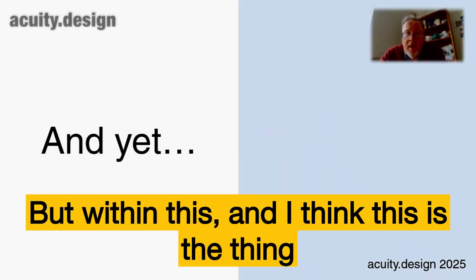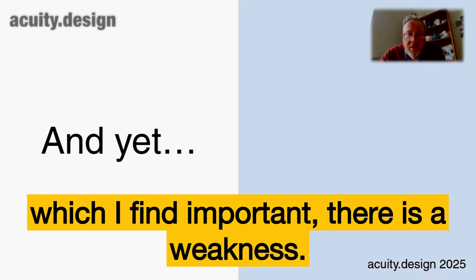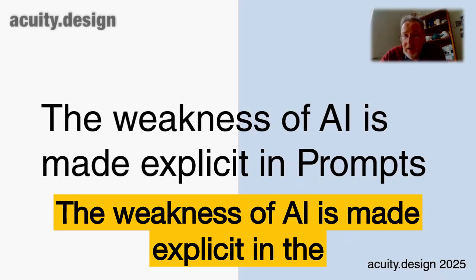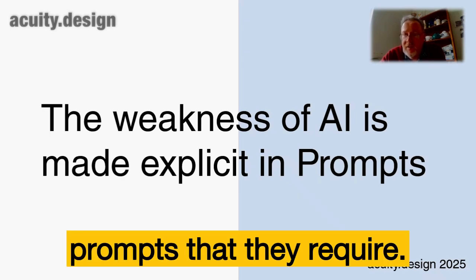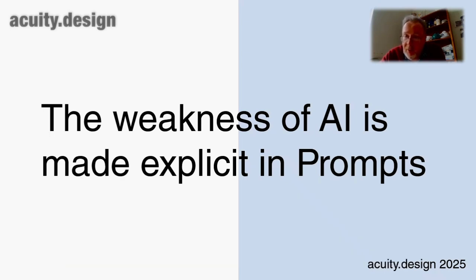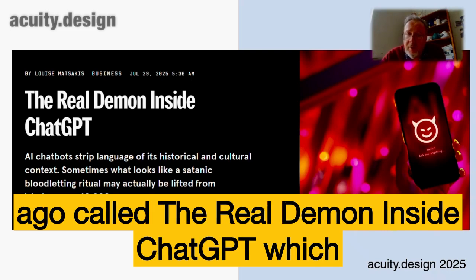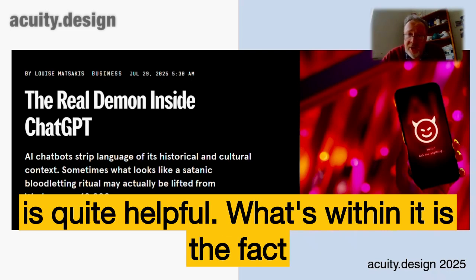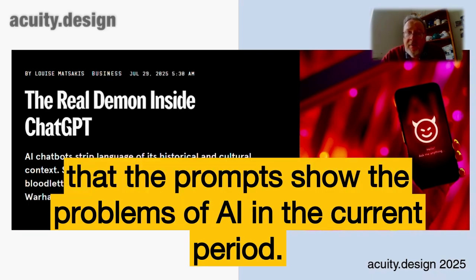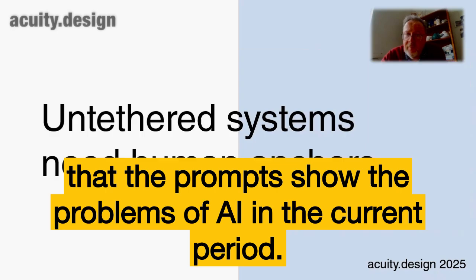But within this, and I think this is the thing which I find important, there is a weakness. And the weakness of AIs is made explicit in the prompts that they require. There was an article on Wired just a few weeks ago called The Real Demon Inside ChatGPT, which is quite helpful. What's within it is the fact that the prompts show the problem of AI in the current period.